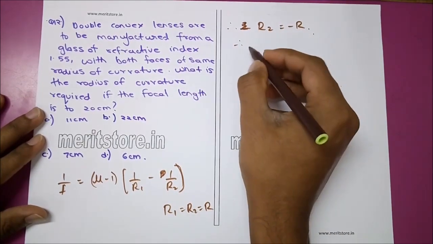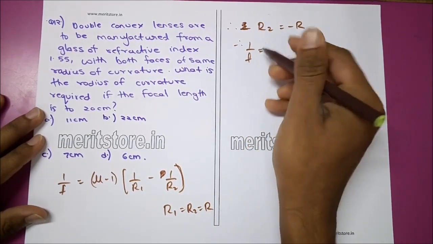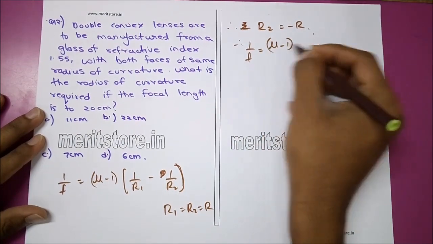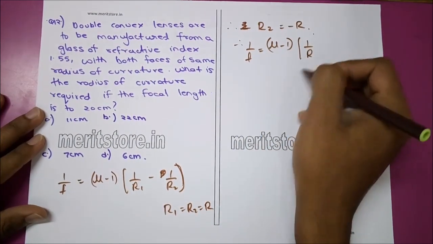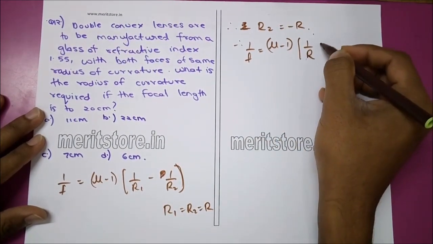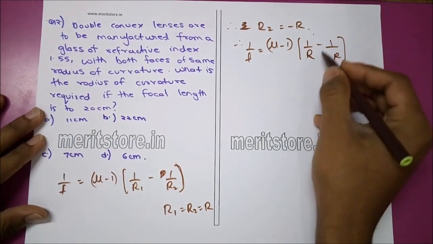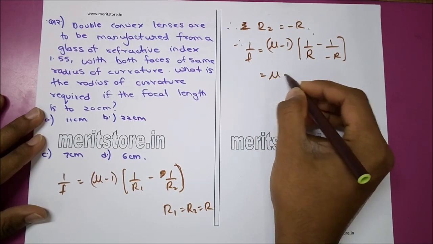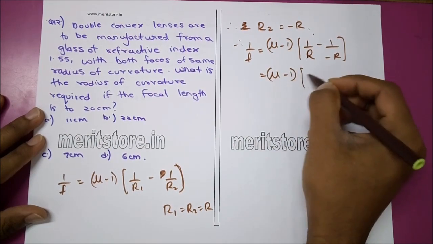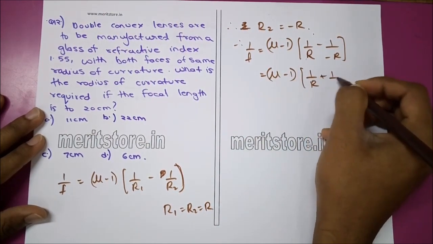Therefore the formula changes as 1 upon f is equal to mu minus 1 times 1 upon r1, and instead of r1 we write r, minus 1 upon minus r. So this minus minus becomes plus, as mu minus 1 times 1 upon r plus 1 upon r.